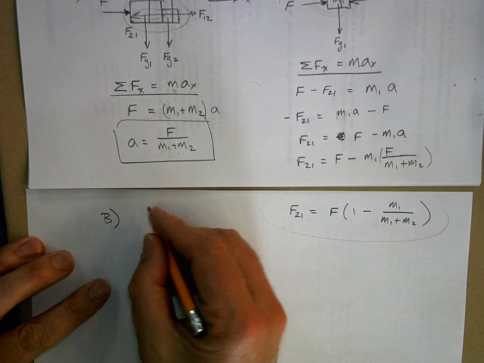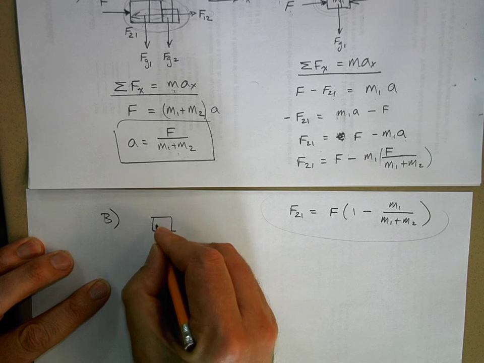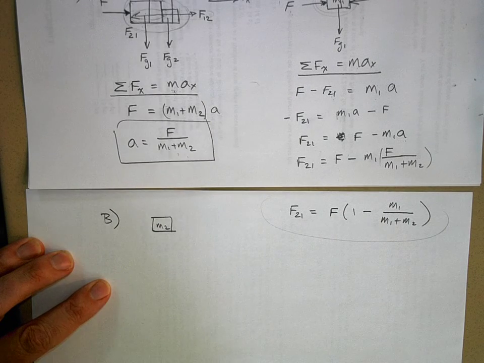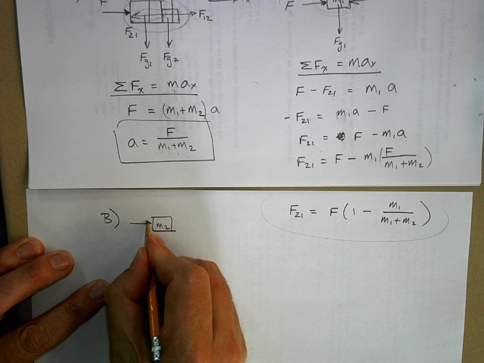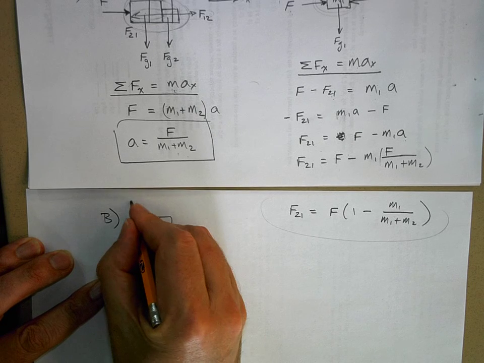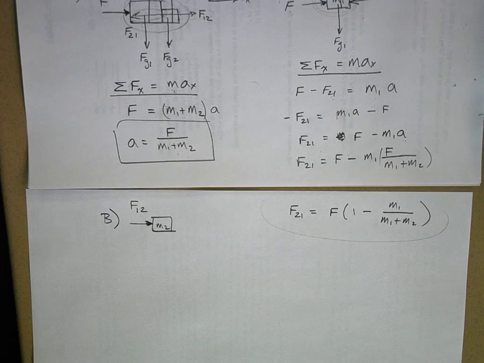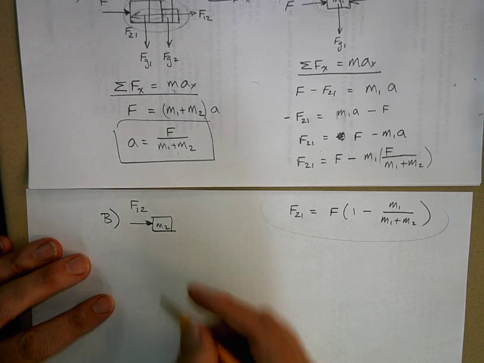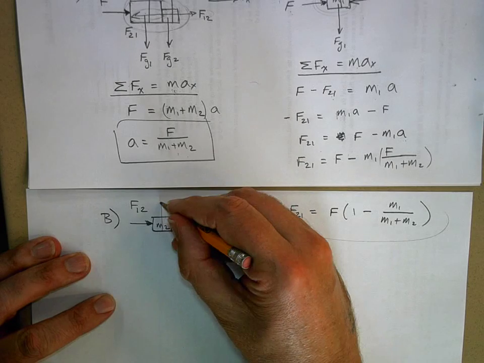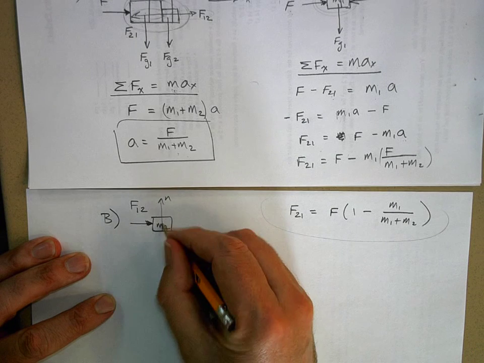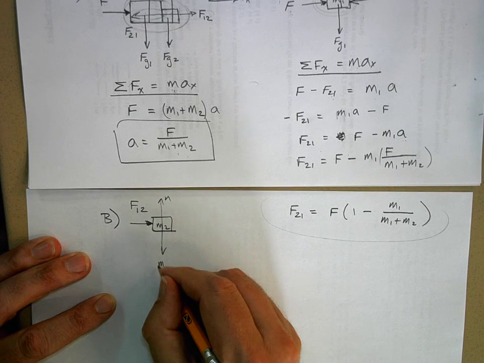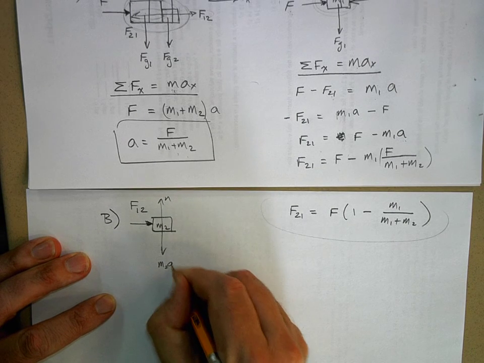Here's M2. And here is the force I want. This is the force that 1 applies to 2, the contact force of object 1 on object 2. And then this is the normal force and the force of gravity, M2 times G.